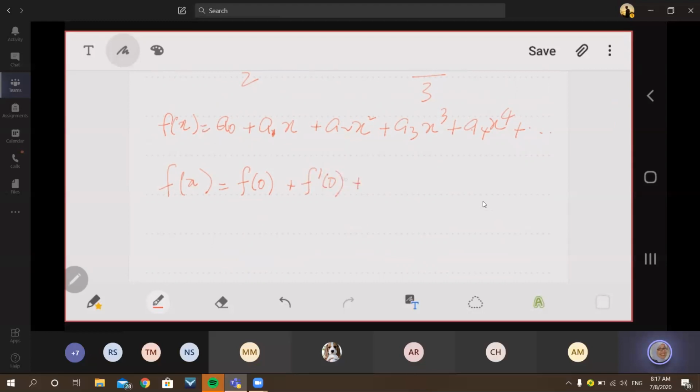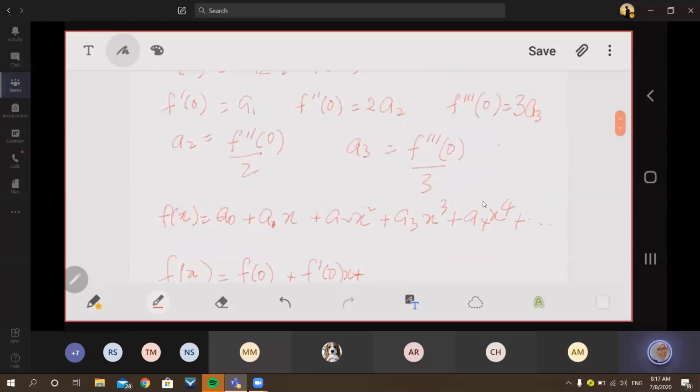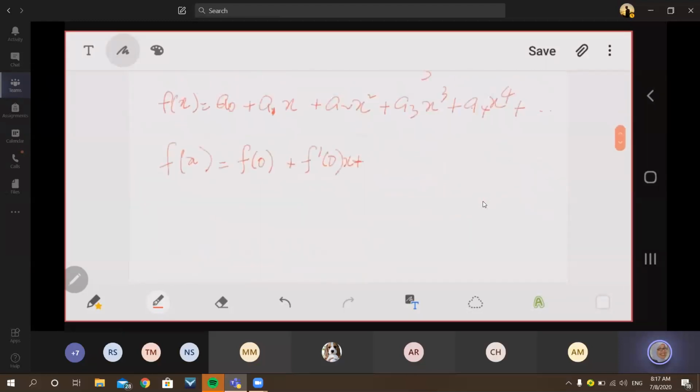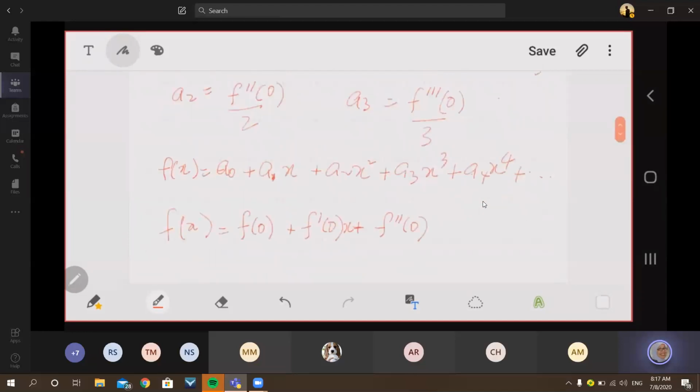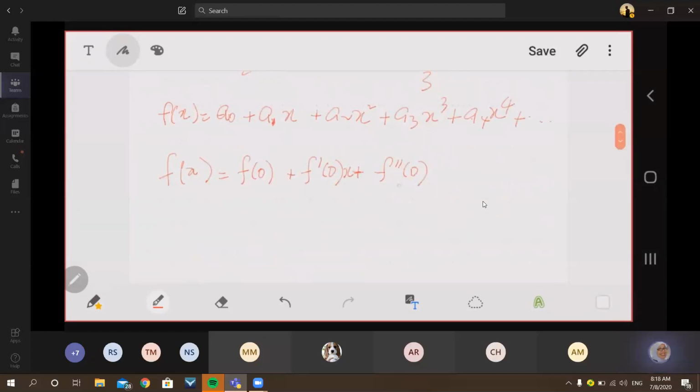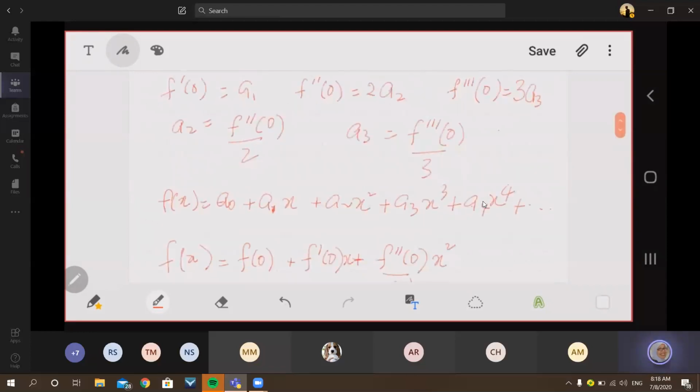What is a2? a2 is equal to f double prime of 0 divided by 2. And what is a3?